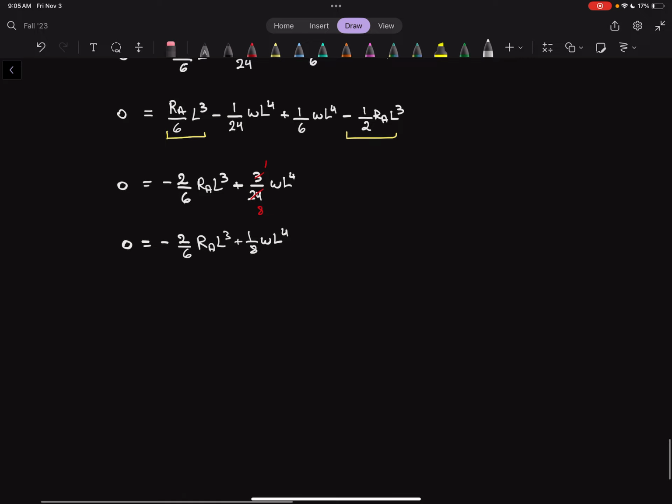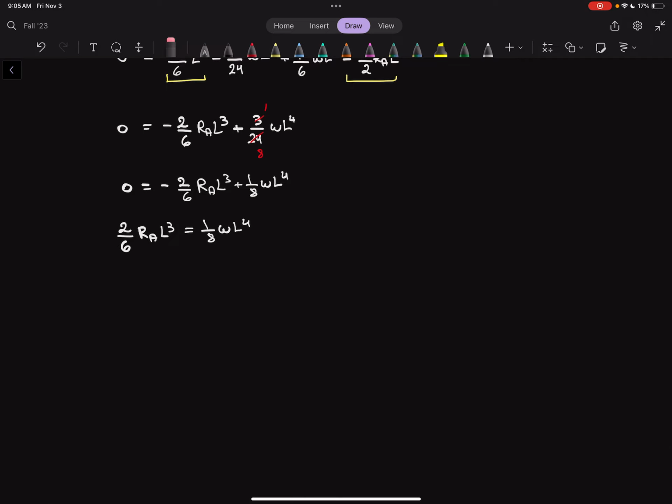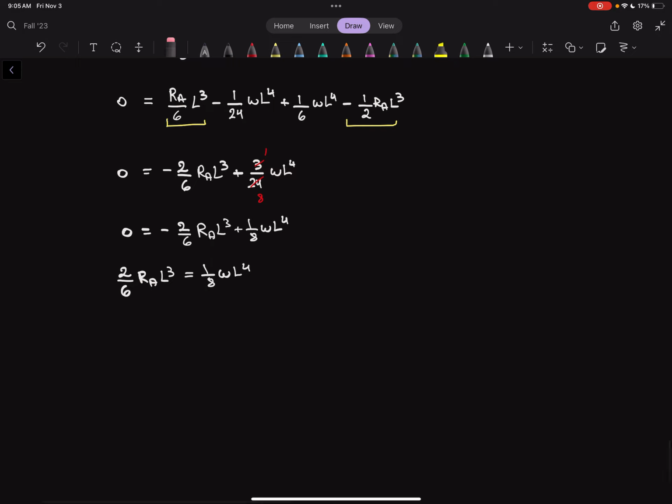And so now we bring the first term to the other side. And then, did I not simplify the 2/6? Let me think about it.